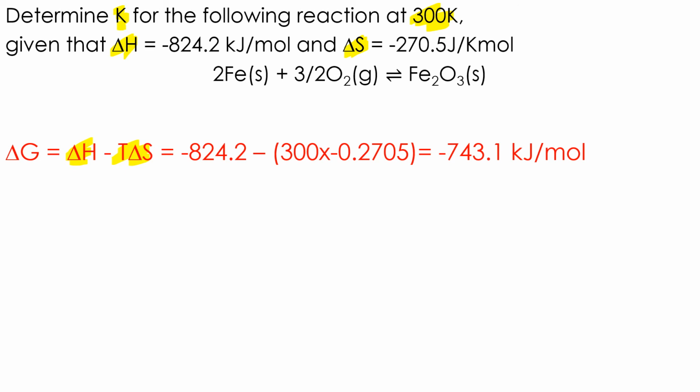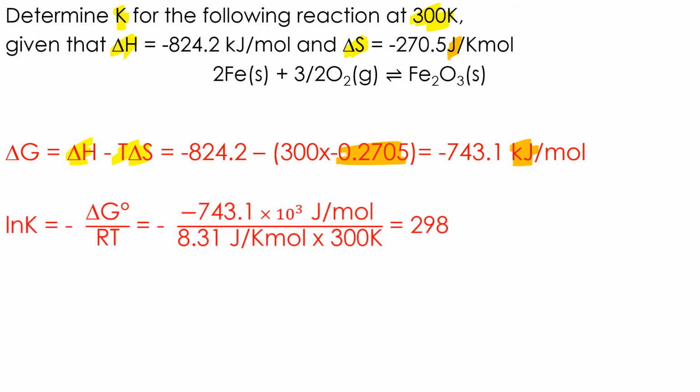There is a very, very important point that we should not forget, which is the units. As we have mentioned before in topic 5, delta G is always calculated in kilojoule, while delta S is always calculated in joule. So you can observe here that I have divided the value of delta S by 1,000 to convert it into kilojoule to be able to find delta G. This is a very, very important point.